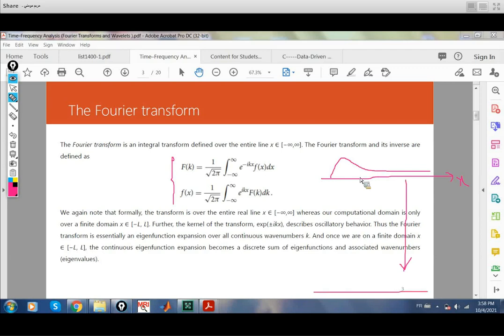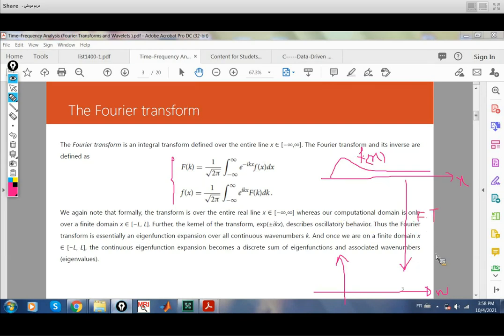If we call it f(x), f is dependent on x, and if we transform the function to the Fourier space, the function is related to omega, to frequency.